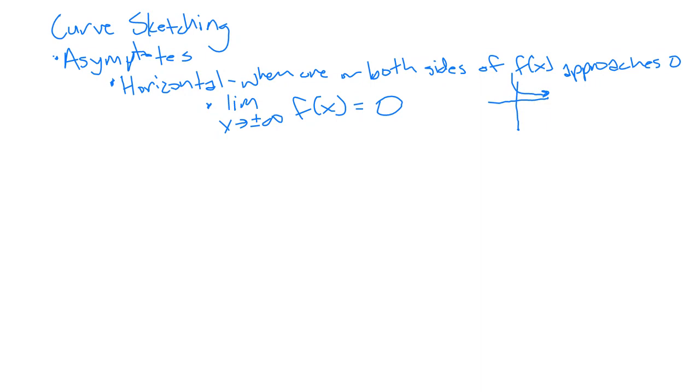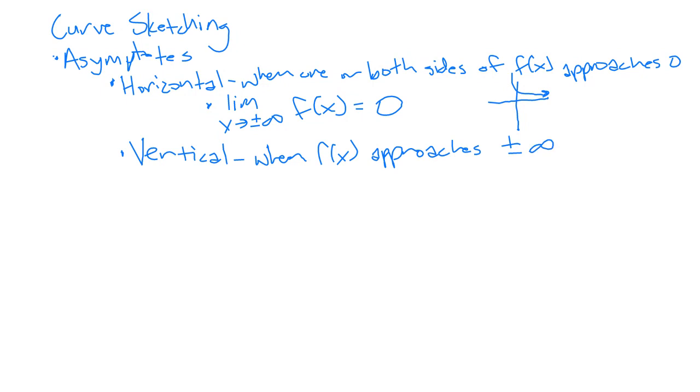Next, we have our vertical asymptote. This is when f of x approaches positive or negative infinity at a point. In a mathematical definition, it would be the limit as x approaches some point A, from the positive side, the negative side, or both, of f of x equals positive or negative infinity.